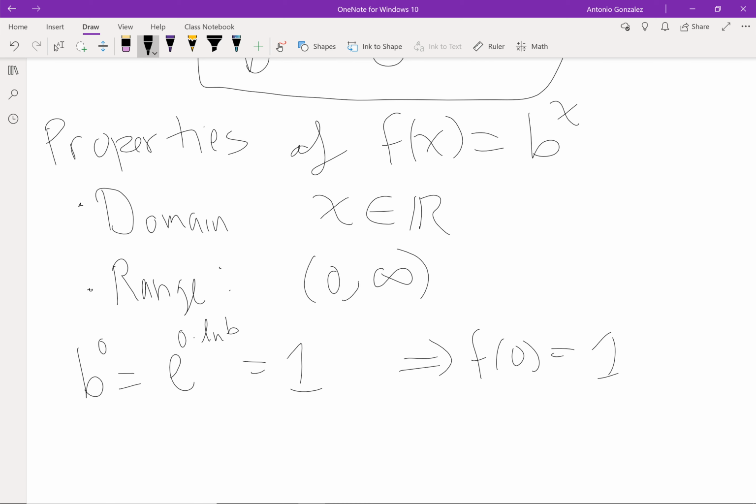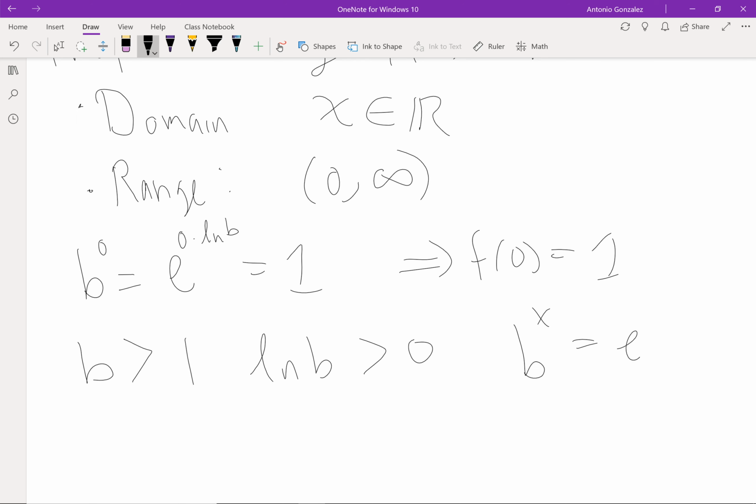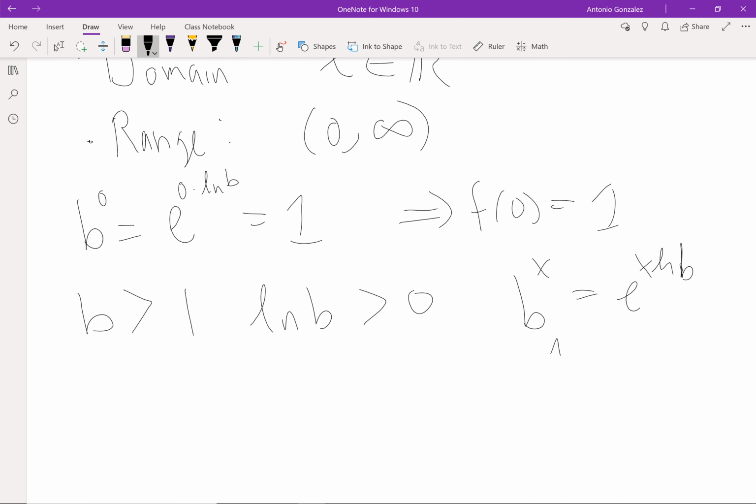Okay. And another thing here, if b is greater than 1, then the natural log of b is also positive, which means that this function is increasing.